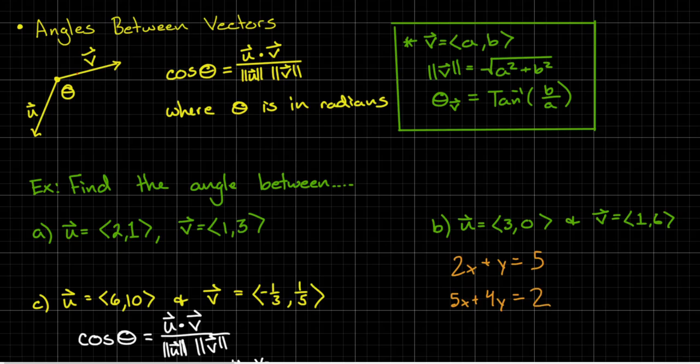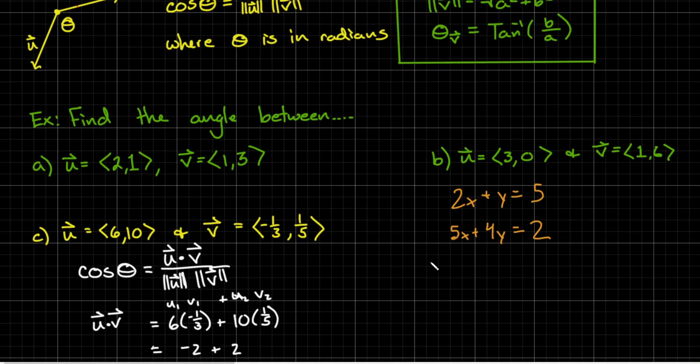Instead of that, we would use a matrix, something that looks like this. It would just take the coefficients, so the 2 and the 1, the 5 and the 4. Wenzel, you kind of missed a little bit. You need to copy this. You've got to watch the video.